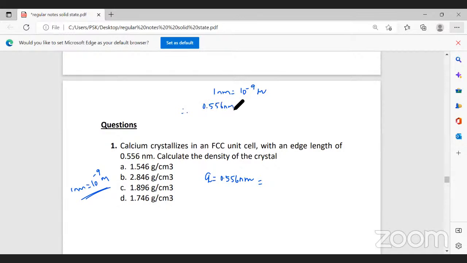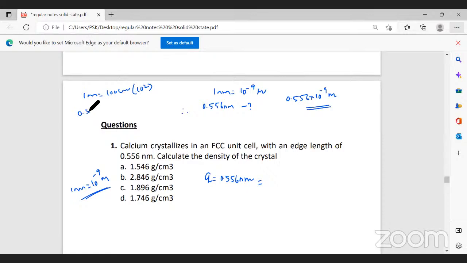Therefore, 0.556 nanometer will be equal to how much? It will be 0.556 into what? 10 to the power minus 9 what? Meters. But we want it in centimeters. How do I convert into centimeter? We know that 1 meter is equal to how many centimeters? 100 centimeters. 100 centimeters is nothing but 10 squared.